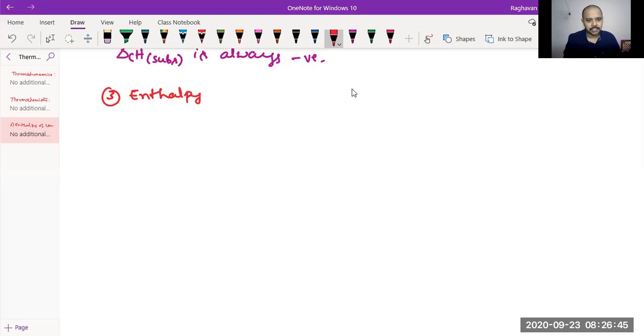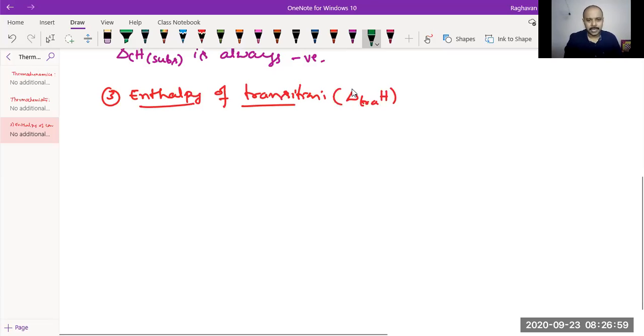Third, enthalpy of transition. What is the definition? Transition happens when a substance changes from one allotropic form to another allotropic form.